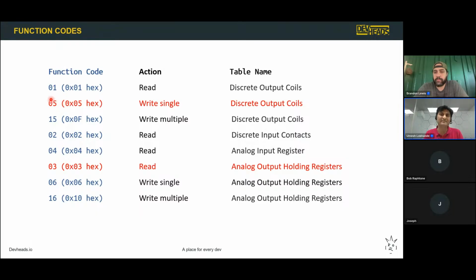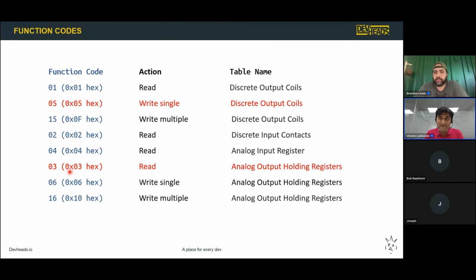If we set function code 5 in our Modbus frame, that means we want to write a single coil, right? So if we want to control the LED connected to the STM32 microcontroller, we will write a data value 1 onto a coil using function code 5. That's how we will write data to the Modbus device.